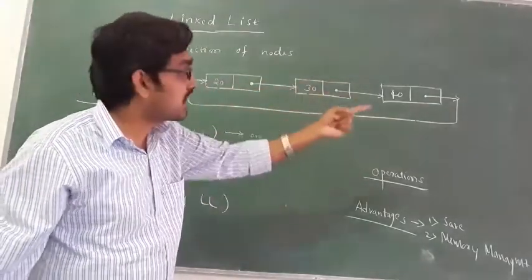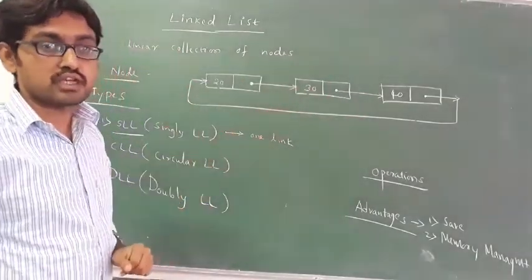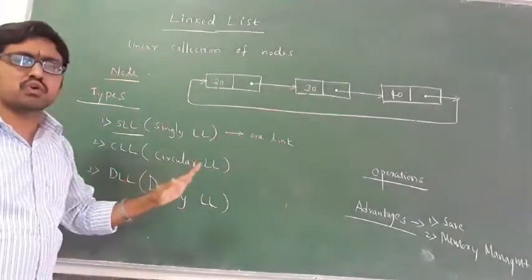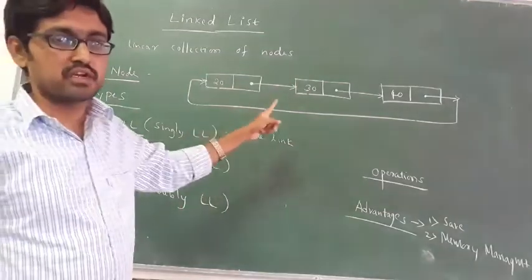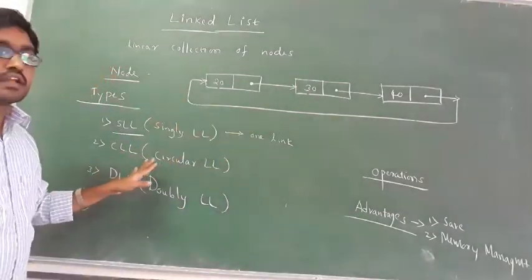This is called a circular linked list. For the last node, 40, what is stored here in a circular linked list? It stores the address of the first node, the address 20, stored here. This is nothing but a circular linked list. It stores the address of the first node. Okay, this you have to remember. You just have to write the definition and diagram.